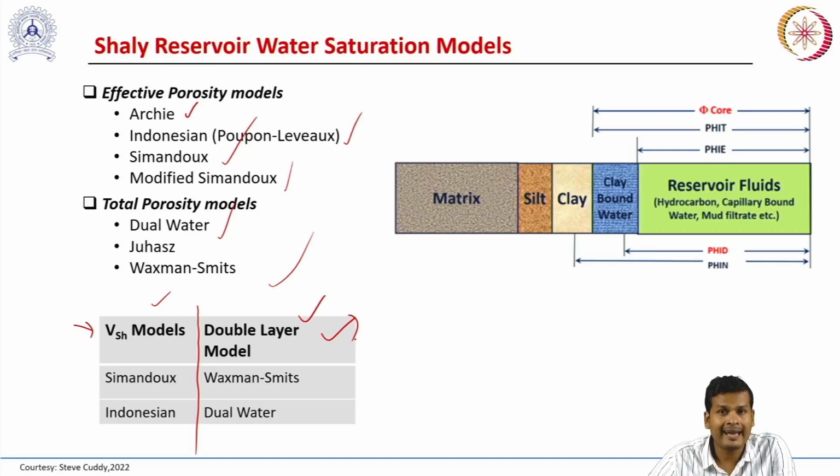So there the cation exchange capacity is included in our model. So Waxman-Smits or the dual water model include the cation exchange capacity to actually incorporate the excess conductivity of our clay or shale, and then they can provide the value of formation water saturation.